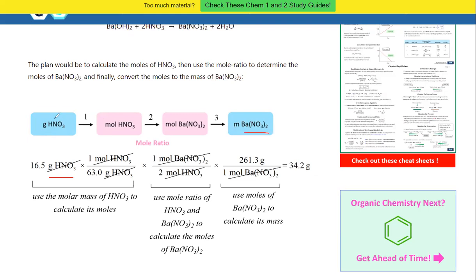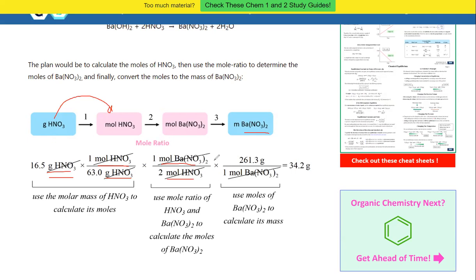So we have grams to moles, and this just involves a molar mass. So we have grams of nitrate, we need to put it on the bottom, and we put moles of nitrate on top. Then we're going to go from moles of nitrate to moles of barium nitrate. This number always comes from the balanced equation, that mole to mole ratio.